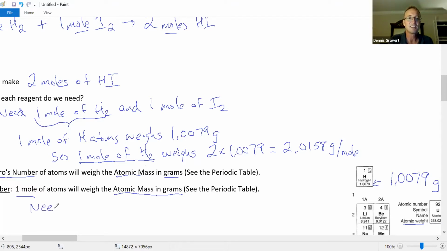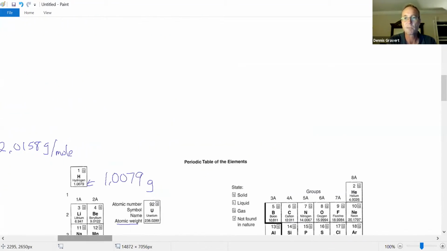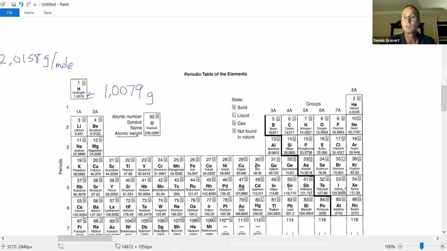We also need 1 mole of I2, iodine. Let's go look up on the periodic table. How many grams per mole is it? It's 126. Again, pretty small font size down there, but that number is 126.9045 grams per mole.